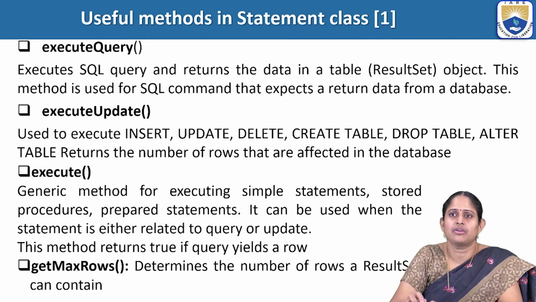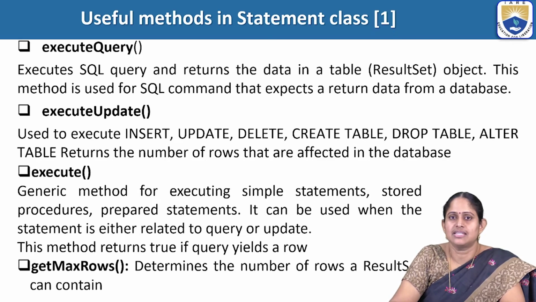It returns the number of rows that were affected in the database. The execute method is a generic method for executing simple SQL statements, stored procedures, prepared statements. It can be used when the statement is either a query or an update. This method returns true if the query yields a row. And getMaxRows determines the number of rows a result set can contain.